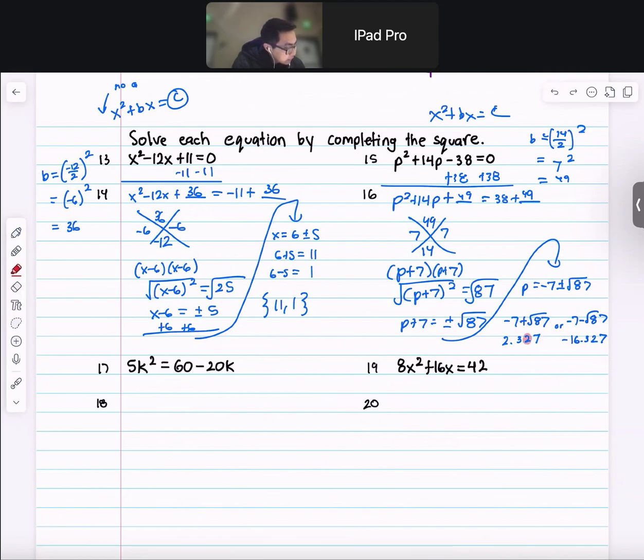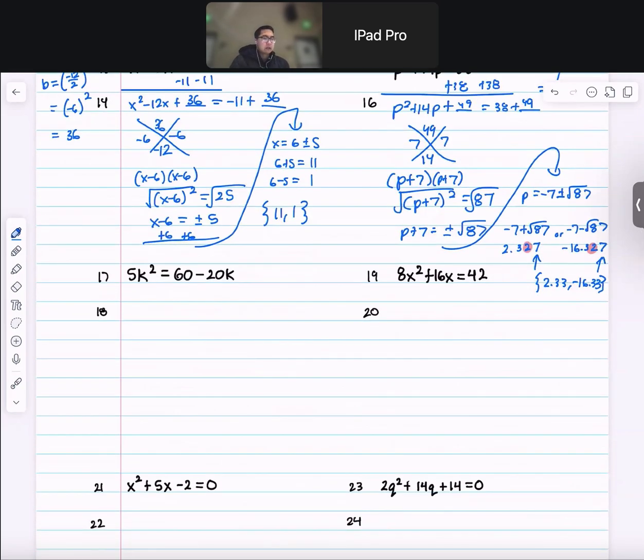Look at the next digit to determine if you need to round up or not, which you do for both of them. So 2.33 and negative 16.33. Okay, so the magic number that you added to both sides was 49, and the answer you got was that, right?